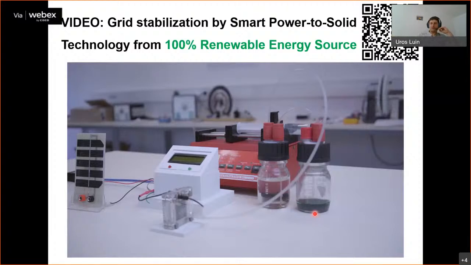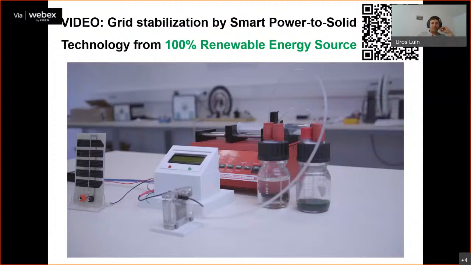Here is nothing else attached, just this photovoltaic module, and here we have storage of our acid, which is here in the pump, and our solid iron is already in this reagent bottle, which represents the hydrogen reactor. This is the hydrogen fuel cells, and this is the control unit.